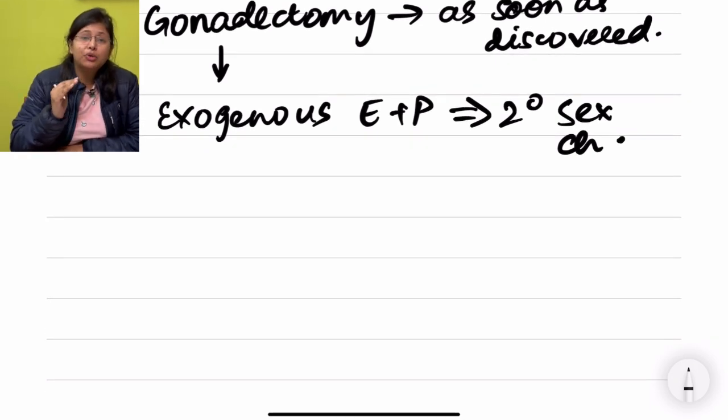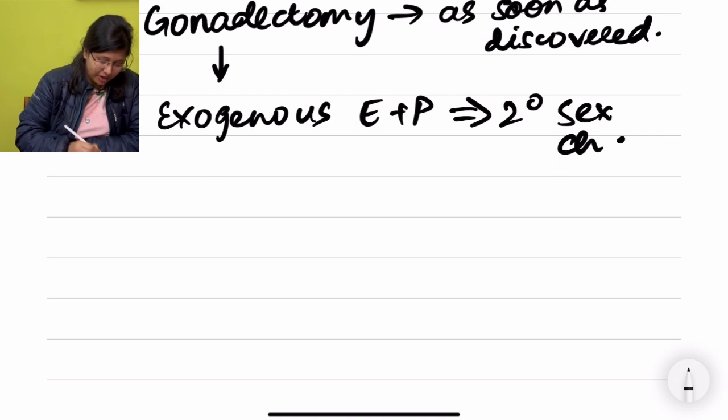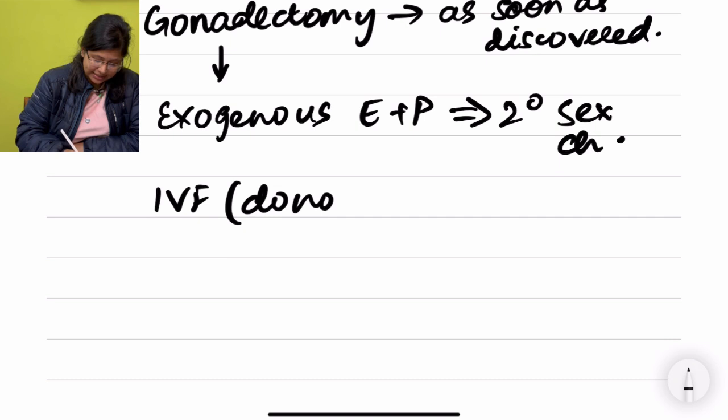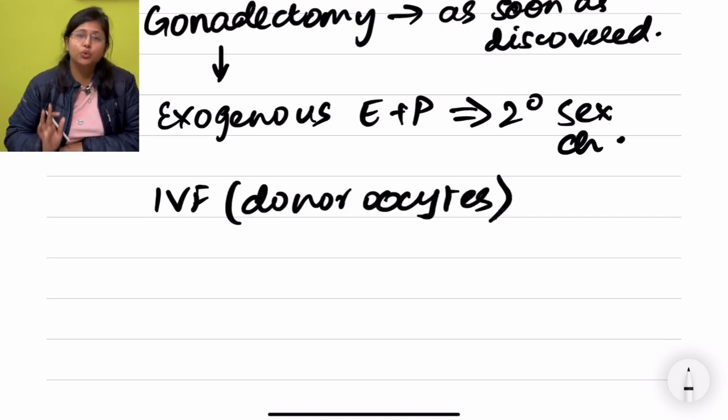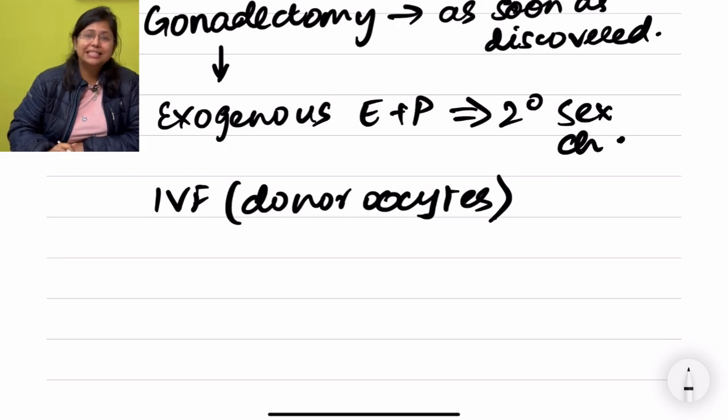When we talk about the reproductive potential of this child, once she grows up, she has a uterus in place, but she has no ovaries. So for childbearing, she can go for IVF with donor oocytes because she has a uterus. Right? So this is Swyer syndrome.